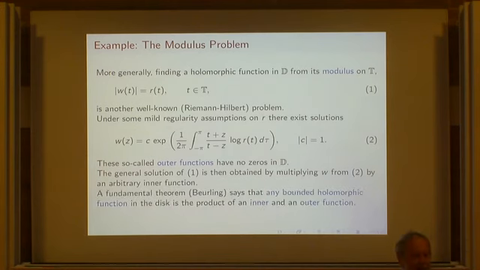And combining these two examples, we can relate this to a famous result, the inner-outer factorization, which goes back to Arne Beurling, which says that any bounded holomorphic function is a product of an inner and outer function. So any function can somehow be represented as a solution of two more or less independent nonlinear Riemann-Hilbert problems.